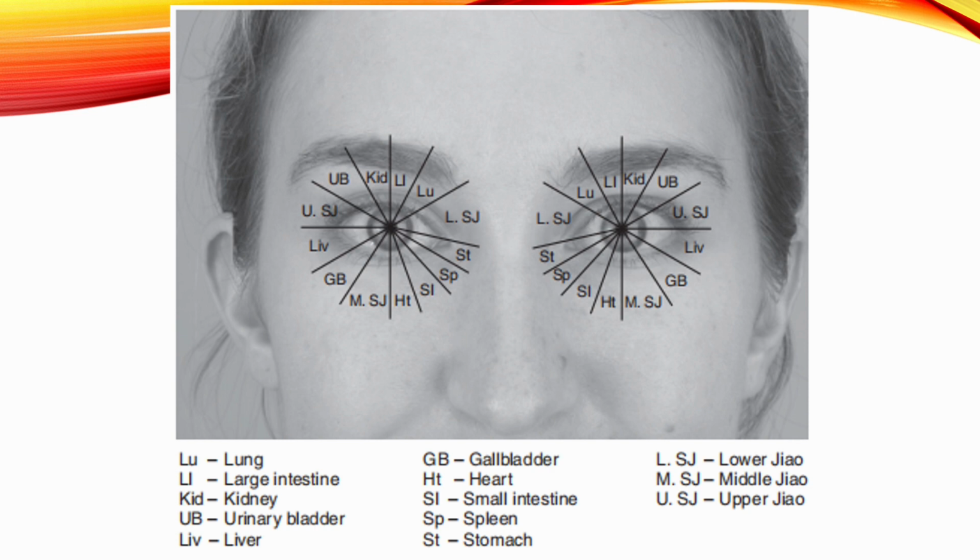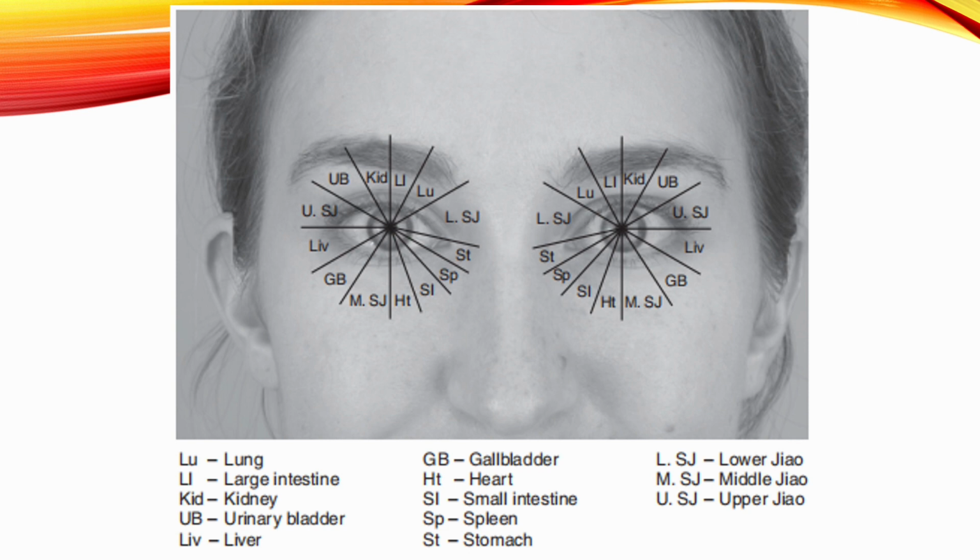The concept of Sanjiao in the eye acupuncture system represents the whole body, interior and exterior. The upper jiao represents the whole area above the diaphragm, including the head, face, eyes, ears, nose, mouth, throat, arms, upper back, chest, lungs, esophagus, and trachea.